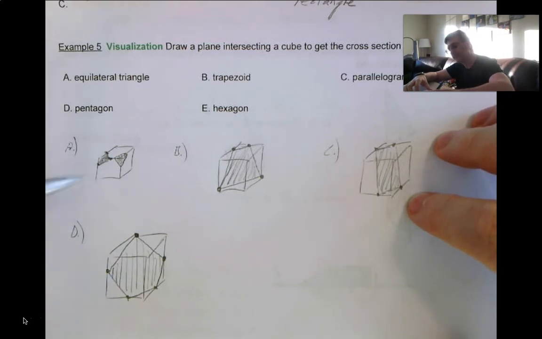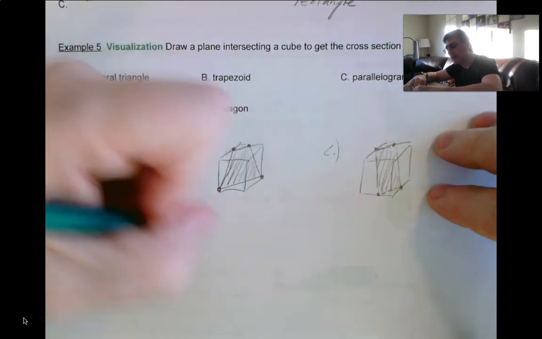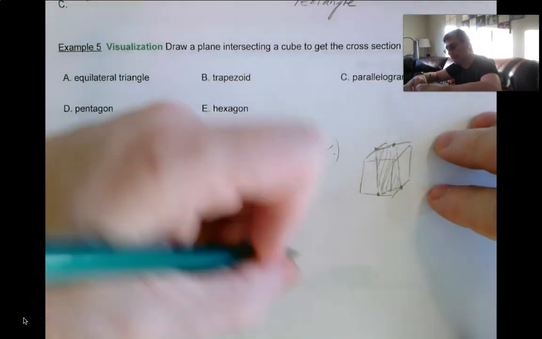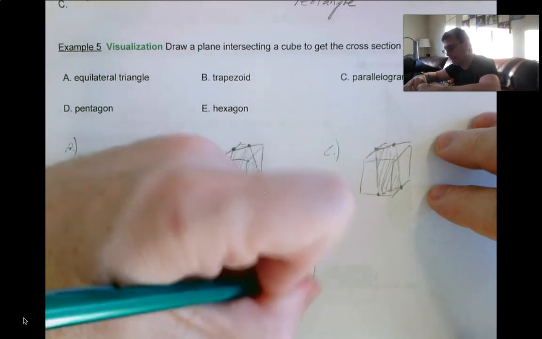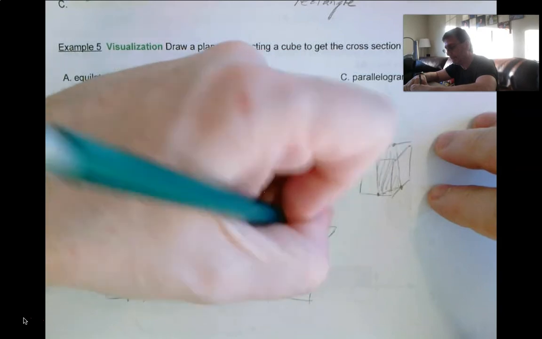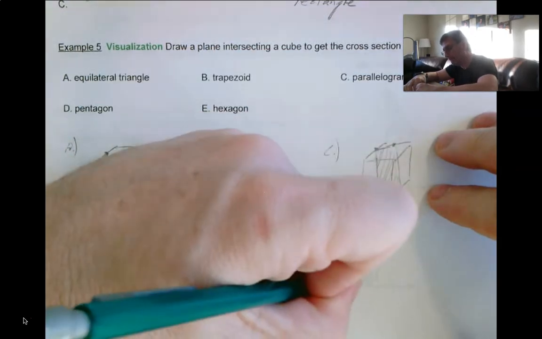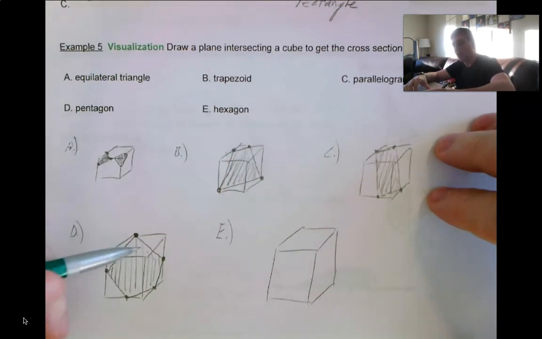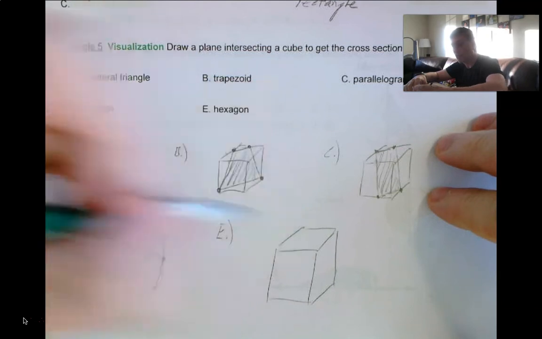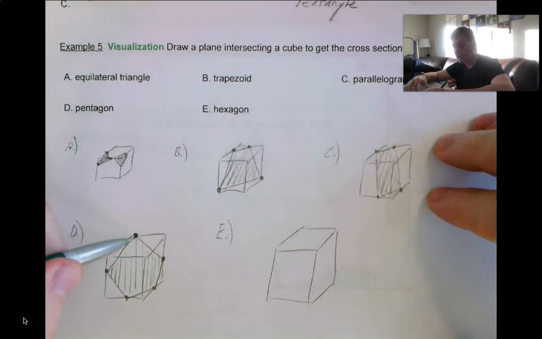And the last one, part E. Almost the same as the pentagon, only instead of having it intersect at the corner or anywhere on the edge, I could have had it intersect anywhere on that back edge.